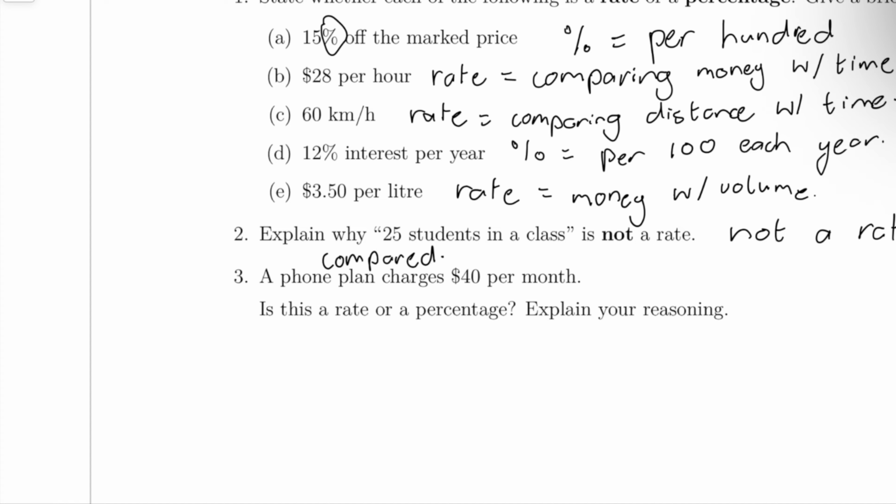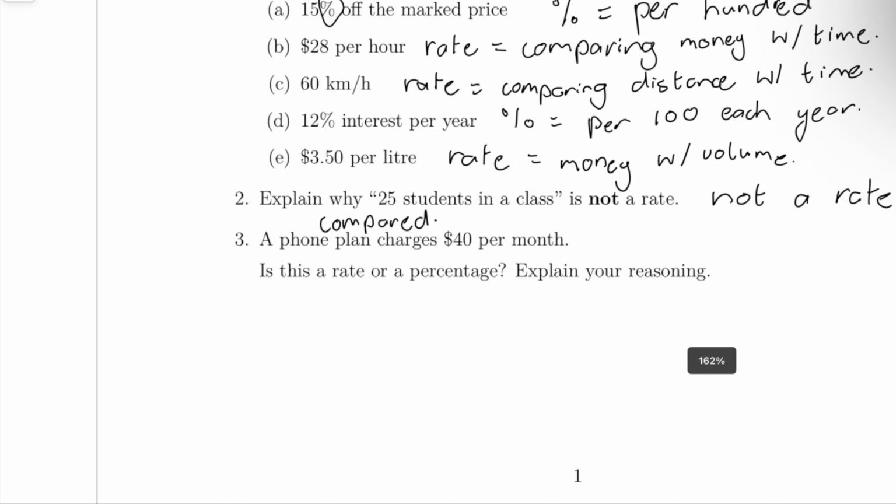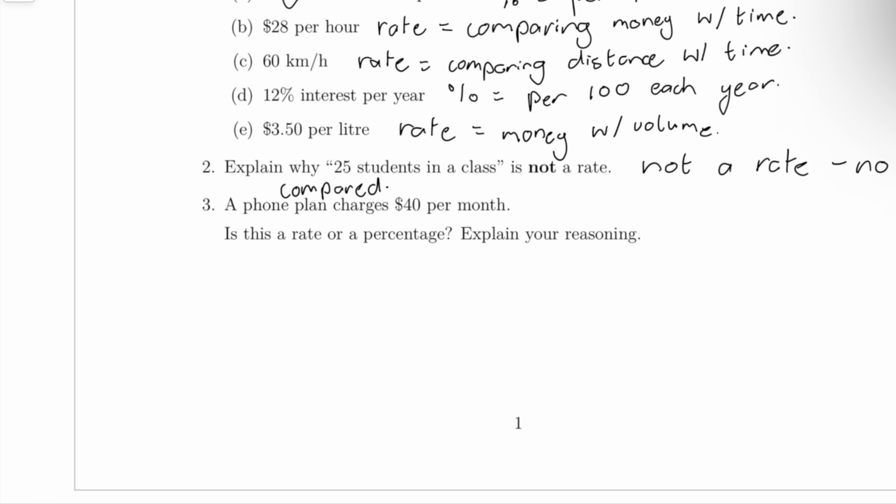Great. So number 3, a phone plan charges $40 per month. Is this a rate or a percentage? Explain your reasoning.